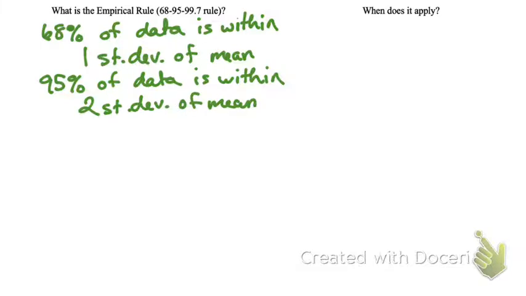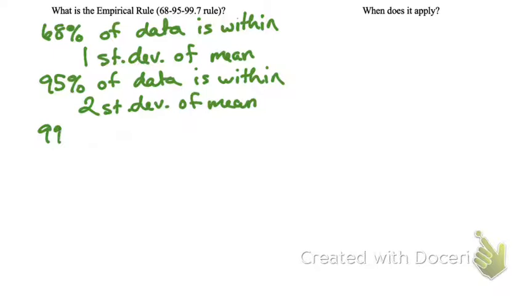And sometimes you'll see it written as the empirical rule, but a lot of times we just use the numbers. We just say it's the 68, 95, 99.7 rule, which sounds silly, but when you say it with the numbers, then you never forget the percentages. Empirical rule, I might forget the percents. The 68, 95, 99.7 rule, I'll remember the percentages.